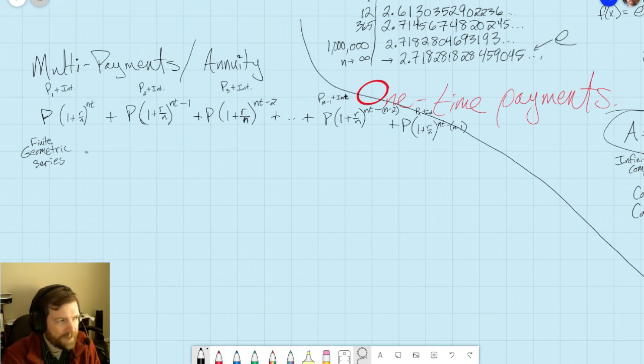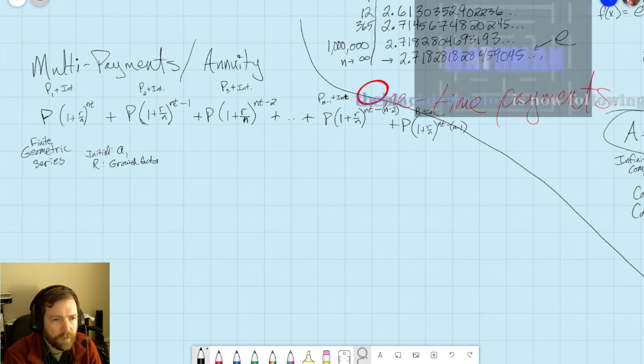When we have our initial amount, it's going to be a sub 1. R is going to be the growth factor, or the ratio.